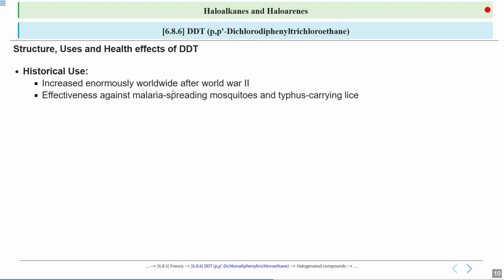Effectiveness against malaria spreading mosquitoes and typhus carrying lice. After World War II, there were many health conditions, like mosquitoes which were spreading malaria in large amounts, and this DDT was the molecule that was very effective against these malaria spreading mosquitoes and typhus carrying lice.